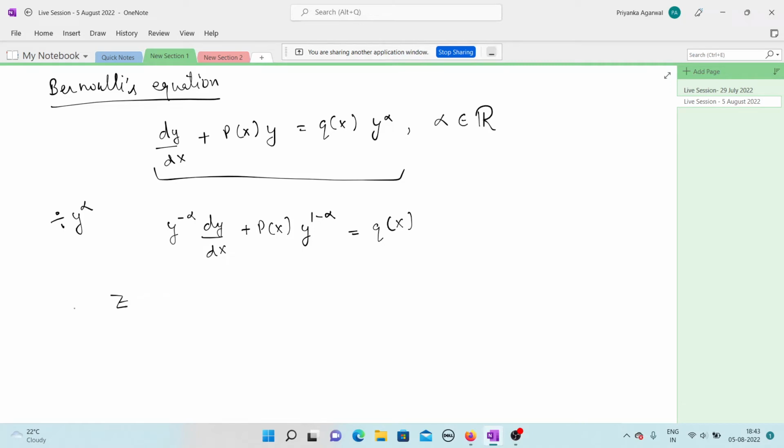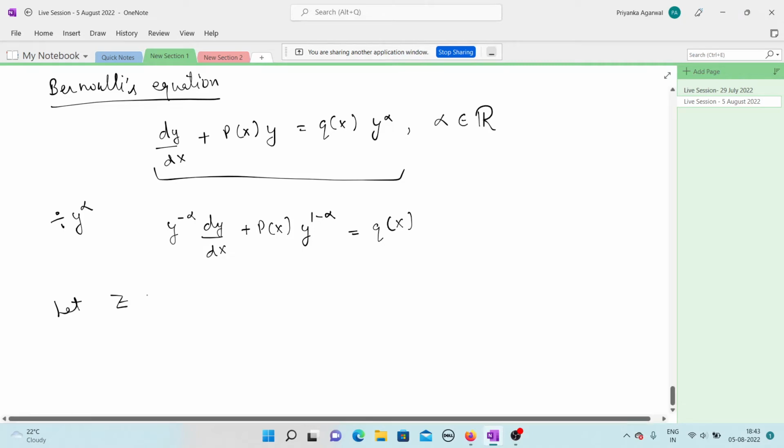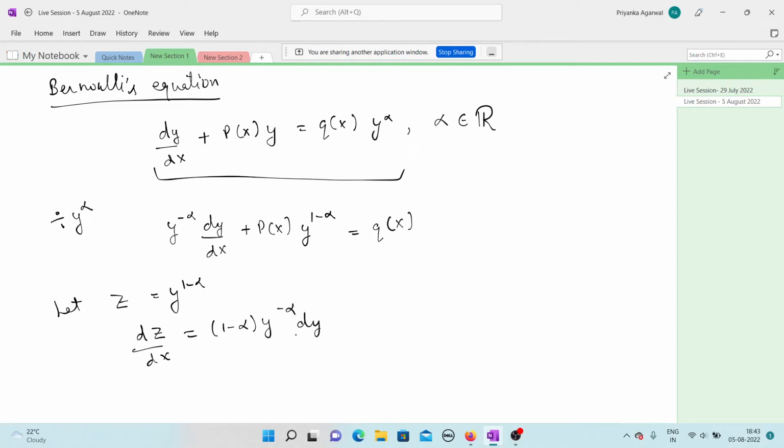And then let z equal y to the power 1 minus alpha. Then dz over dx will become 1 minus alpha times y to the power minus alpha dy by dx.